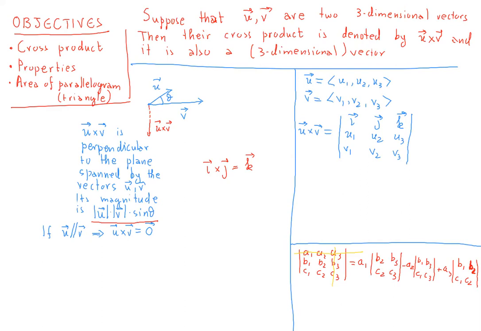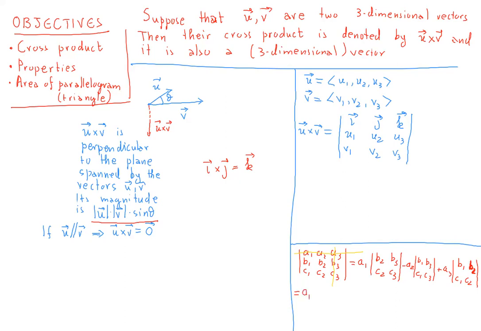Okay, and of course here I should remind you that the 2x2 determinant is defined by multiplying the numbers on the main diagonal. The main diagonal is the one that goes from the upper left corner to the lower right corner, minus the product of the elements in the other diagonal.